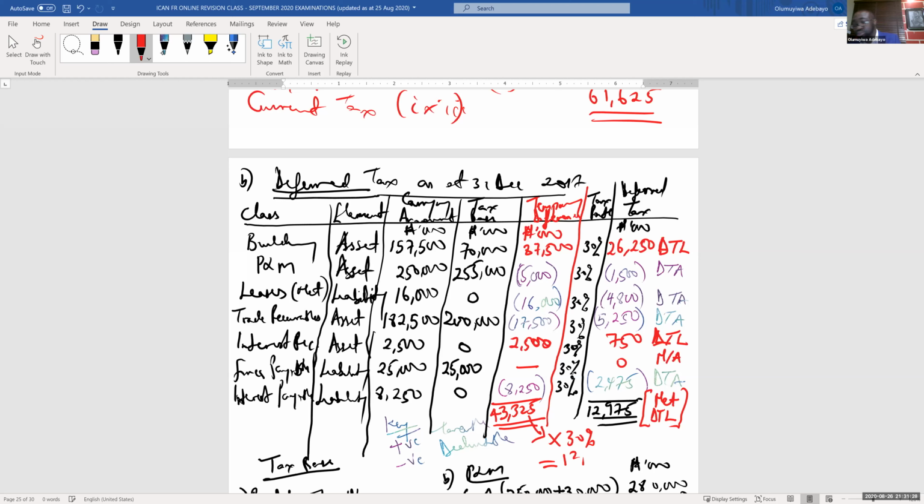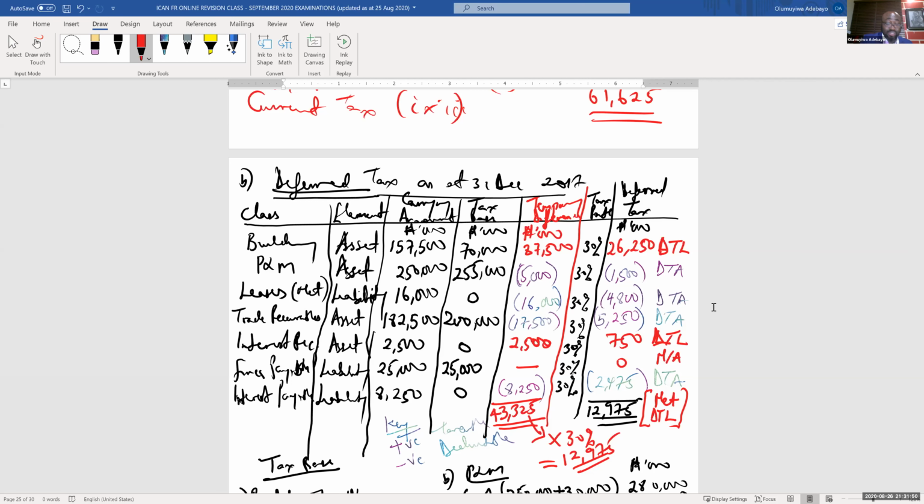And the reason why I'm showing you this is that in examination, the time may not be your friend. And if the time is not your friend, what do you do? You try to be smart so that you get the same thing by using simple analysis or shortcuts. Okay, and that is the position here.